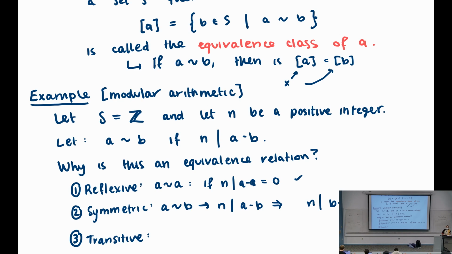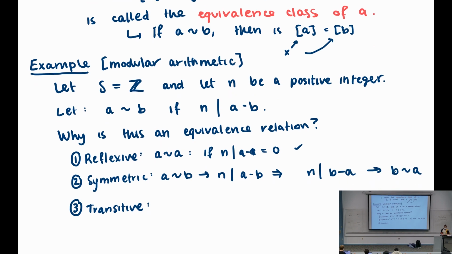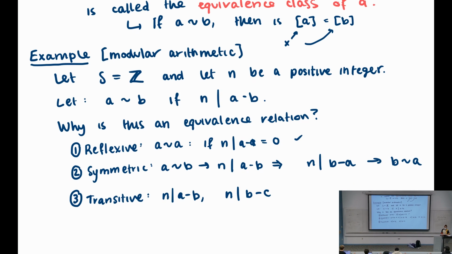Okay, and then what about transitive? We know n divides A minus B and n divides B minus C. We can rewrite both of those as A minus B equals n t, where t is an integer, and then B minus C equals n r, where r is also an integer. Then you can add those two together, and the B's will cancel.